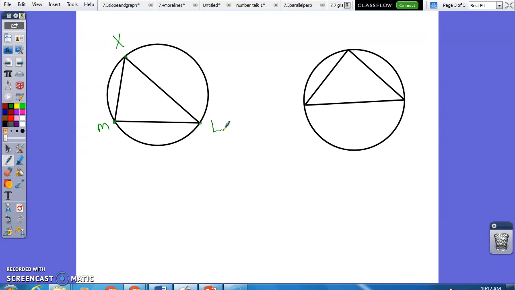So let's say that this arc is 76 degrees. We know that this angle is 85 degrees. So we've got two arcs to find and two angles to find.